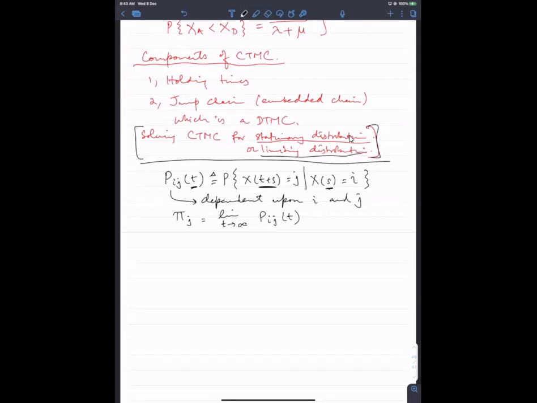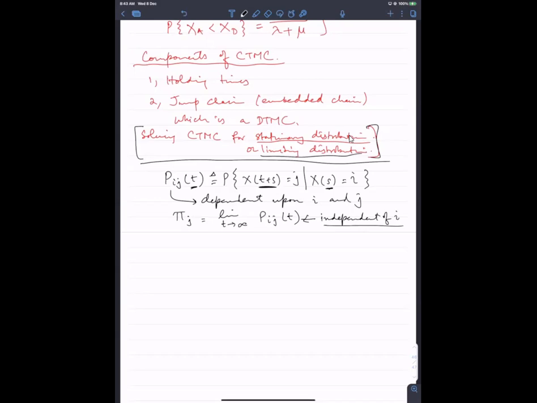Okay, now this guy is only dependent upon j. This is independent of i. तो ये वो ऐसी बात है कि आपकी जो probability transition matrix है, when you run it for a sufficient period of time, leave it there for sufficient period of time, then all the rows will become the same. So that's why it is independent of i.